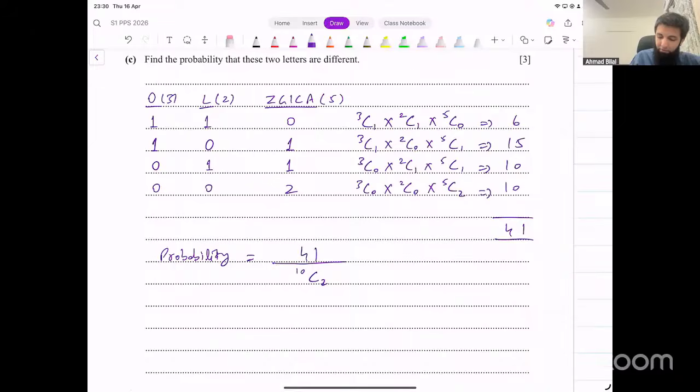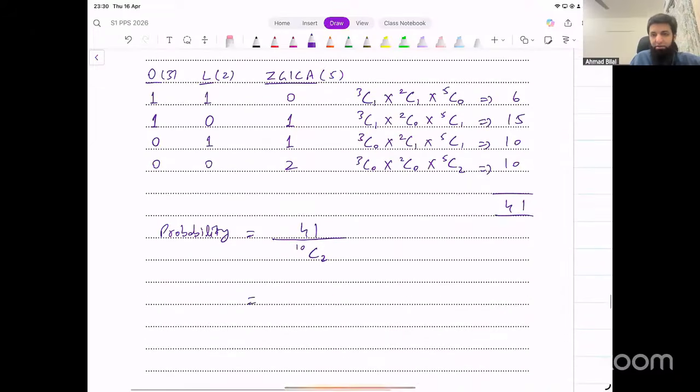And that will give you the result 41 over 10C2. You can see what that is. What's the probability? 41 over 45. That is our final result. Okay, that's what we were looking for. Makes sense to everyone?